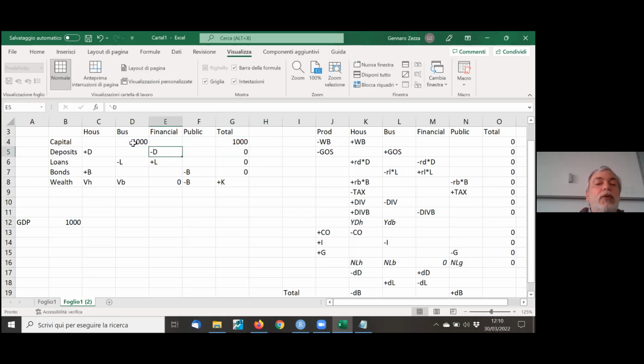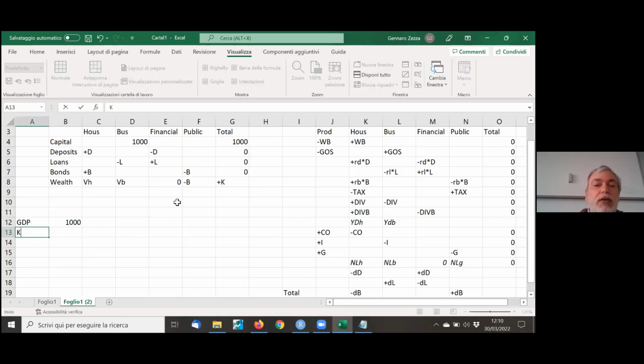Now, the next step would be to define these other measures. So let's start by assuming that the stock of bonds of the government is, I don't know, 30% of GDP.